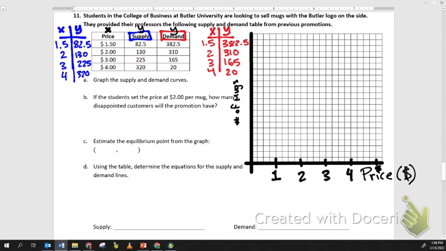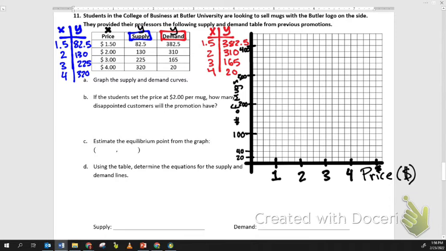You could probably set them for 30, and that would work, or 50, anything around there. But we know we're going to need at least 400 mugs because our highest is 382 there. So if each one of my squares is 20 mugs, that means every 5 squares is 100 mugs. So I have about 400 mugs on my graph.